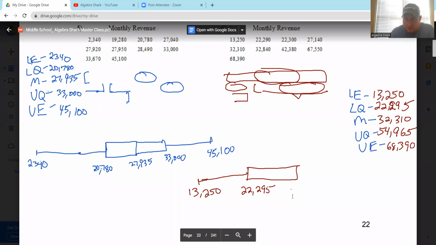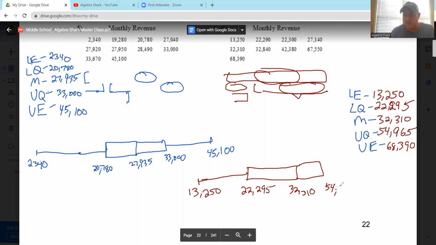So that would be 32,310. Upper quartile would be 54,965.